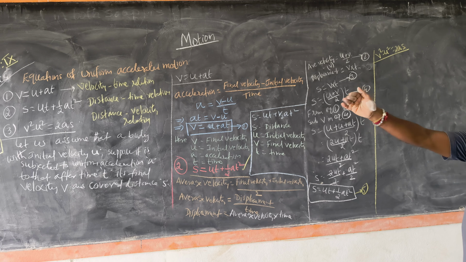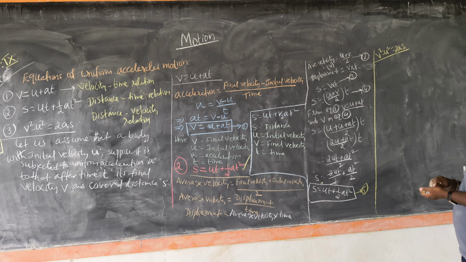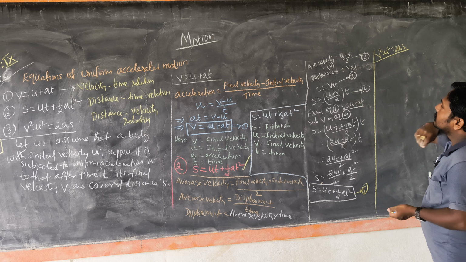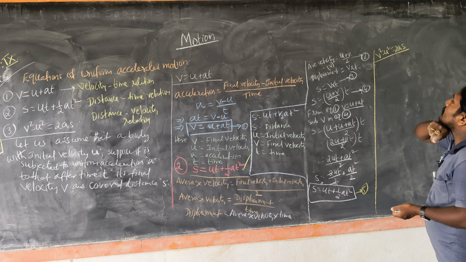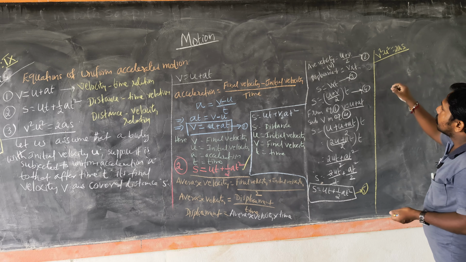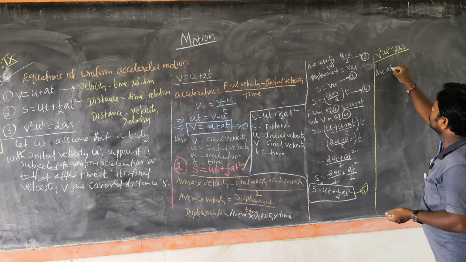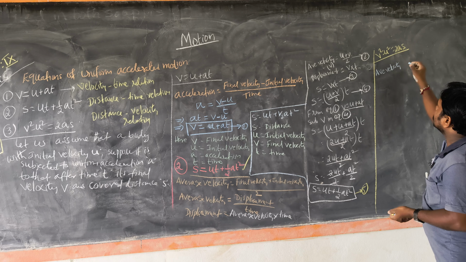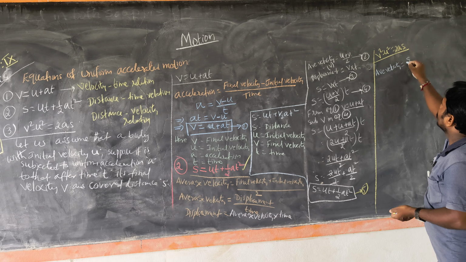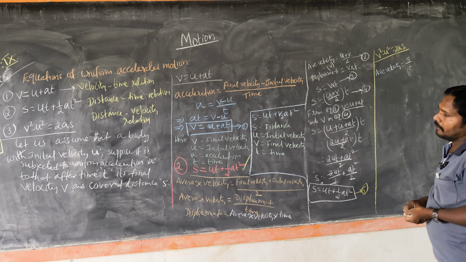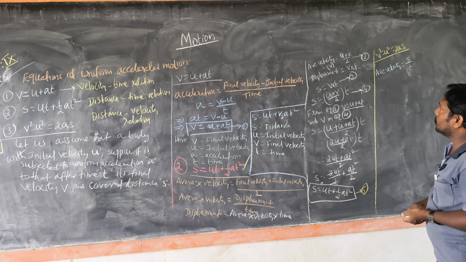As usual, let us assume that we know average velocity is equal to s by t.